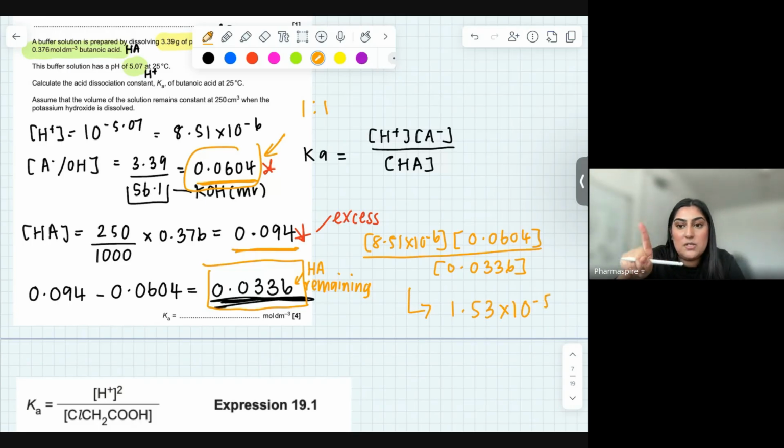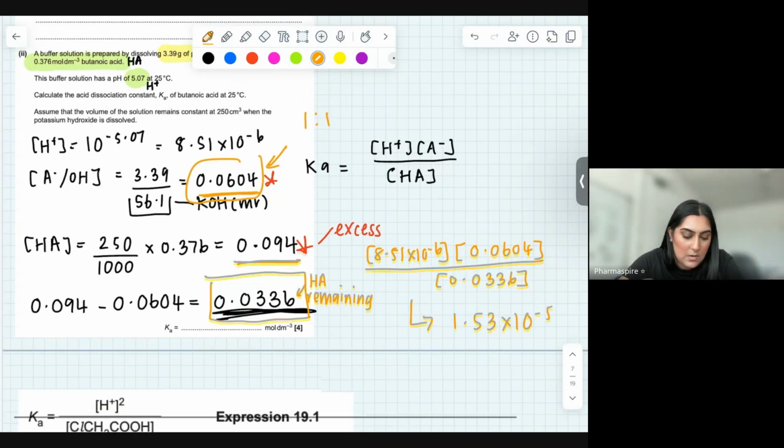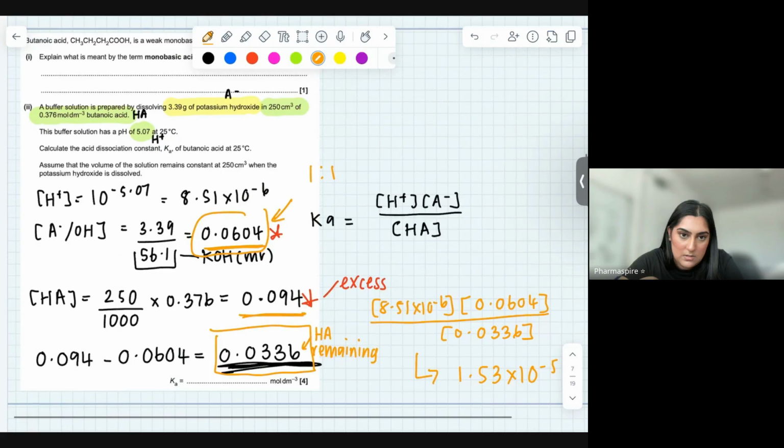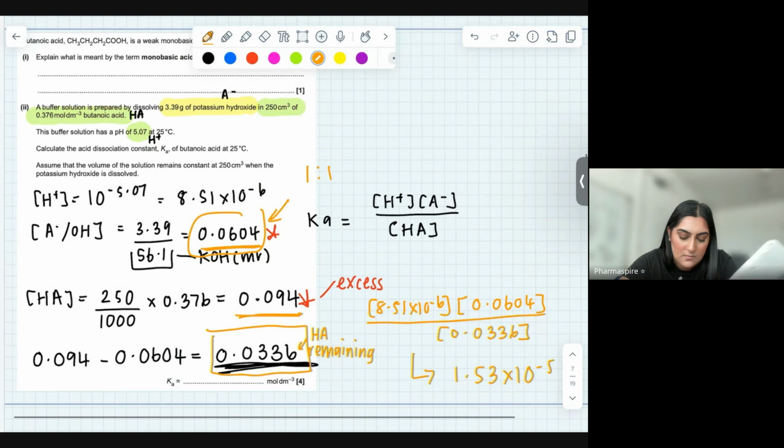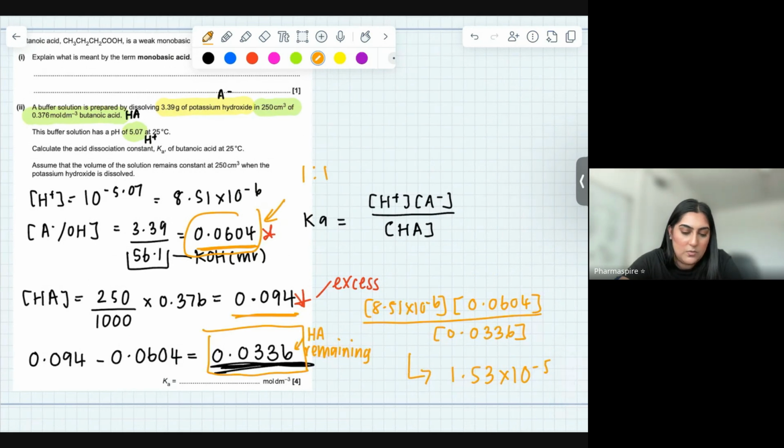Let's say you did concentrations. If you did concentrations, you should get the same value. Yeah, that's the final answer.